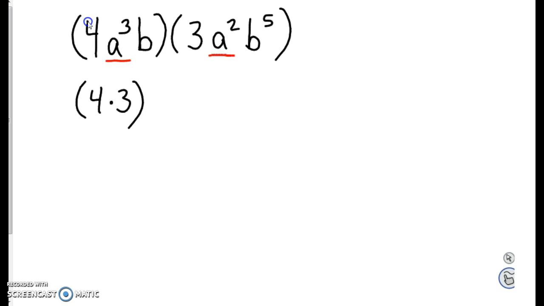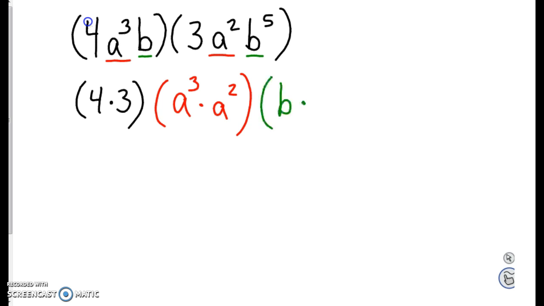So I'm going to take these a's, I've got a to the power of 3 times a to the power of 2, and I'm going to group those together. Then I can group my b factors. So I've got b times b to the power of 5.